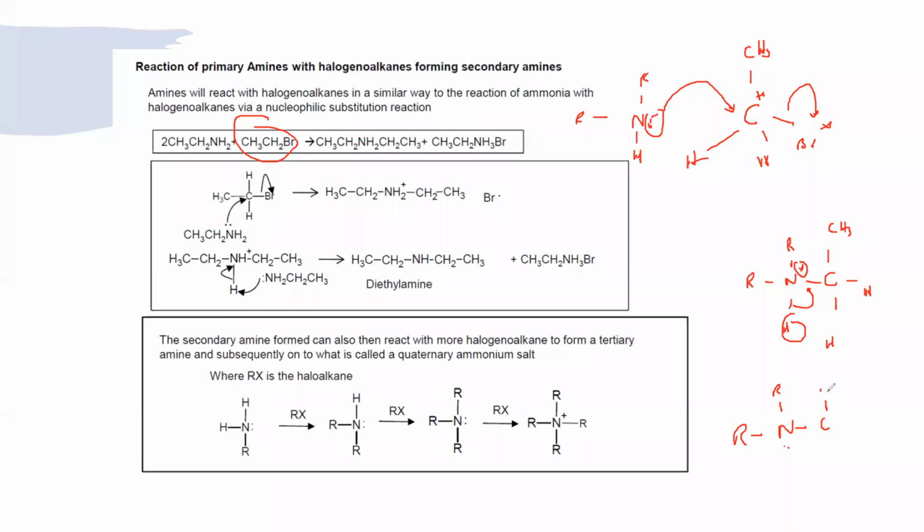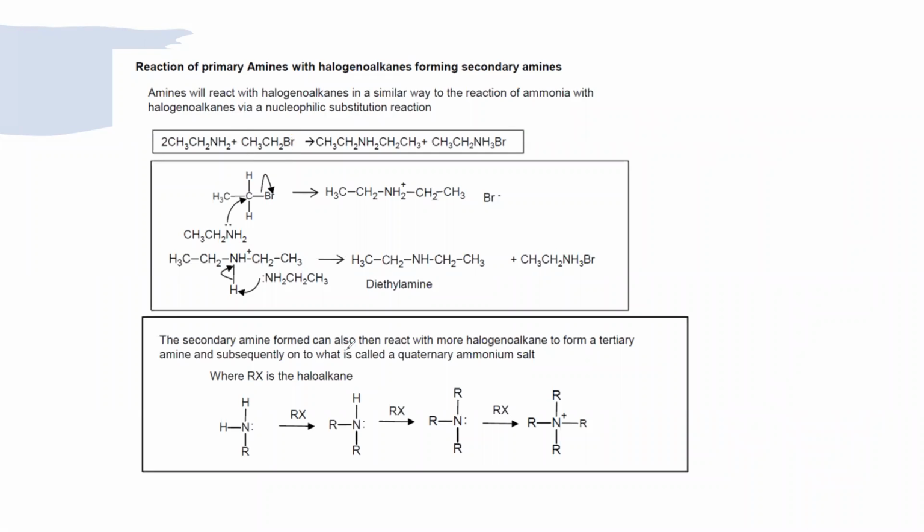So this will be CH3, H, and H. You can see here another carbon chain is attached to nitrogen. If it's primary, it will turn into secondary, and if it's secondary, it will turn into tertiary. So this is the mechanism for this reaction.